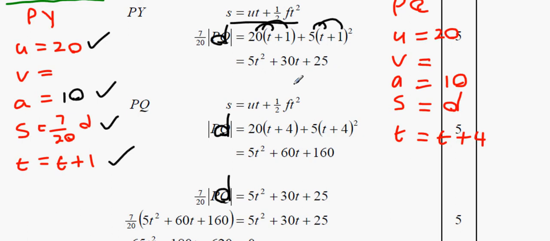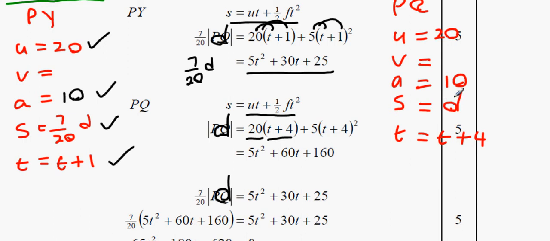When you add them all together, 7/20ths of your entire distance equals 5t squared plus 30t plus 25. Next, you're going to use PQ. You're going to use s equals ut plus a half at squared again. You're going to put in your numbers. u equals 20, done. t equals t plus 4, done.